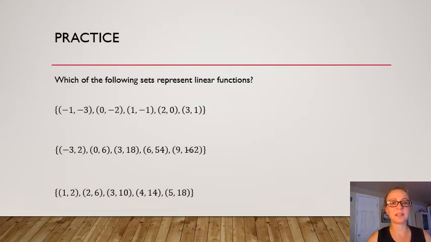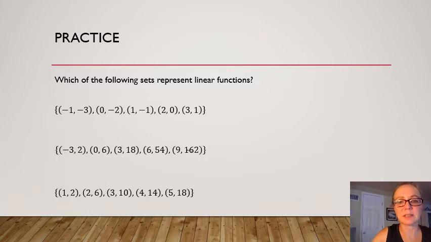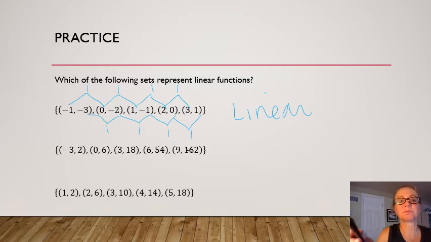Now we're going to practice that skill on these three sets. So first we check from x to x, making sure that the change is constant. And if it is, then we check the change in y's. And this one is a linear function.